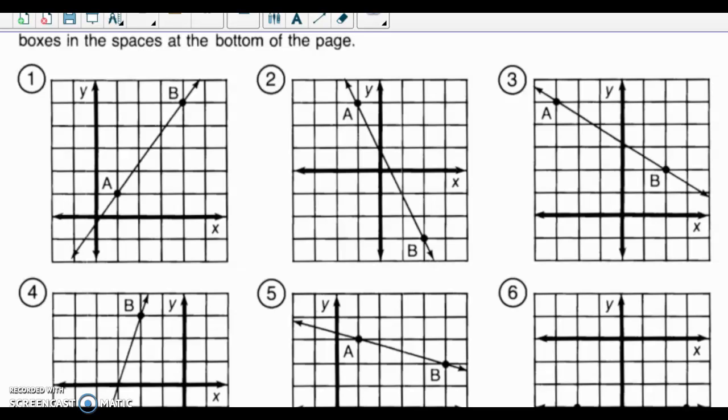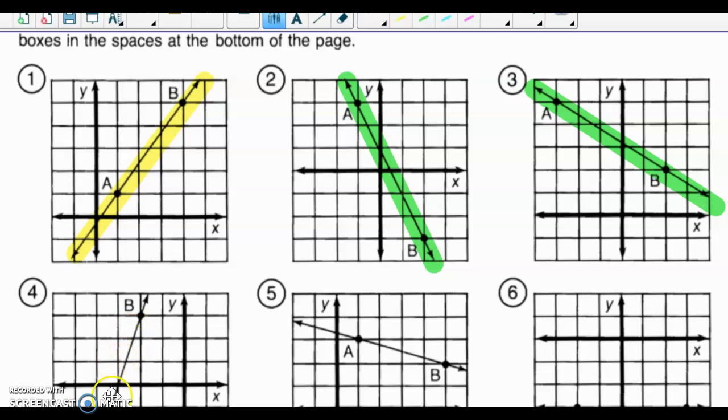All right, guys. Hey, let's review how to do slope a little bit more. First off, let's take a look at all these lines. This first line is definitely positive. This next line is decreasing, so it's negative. Number 3 is going to be negative.